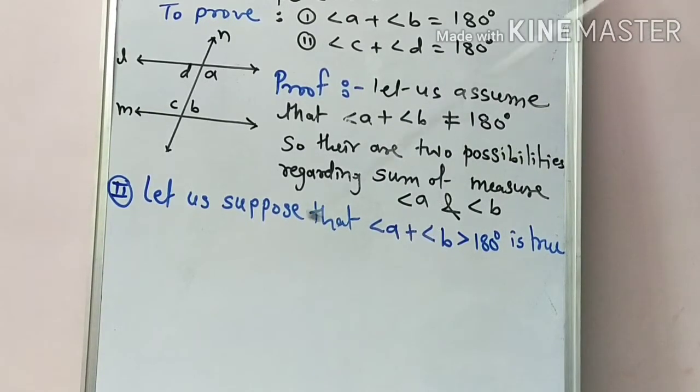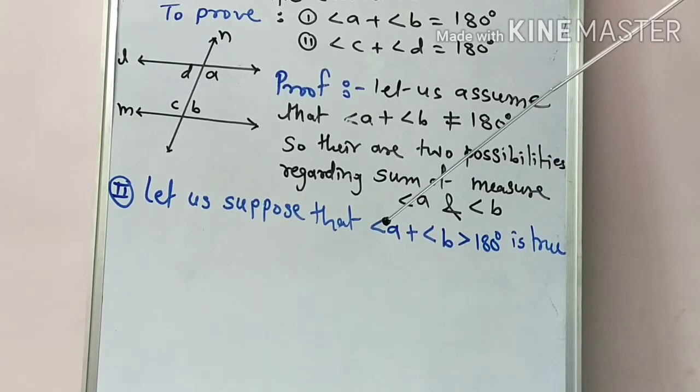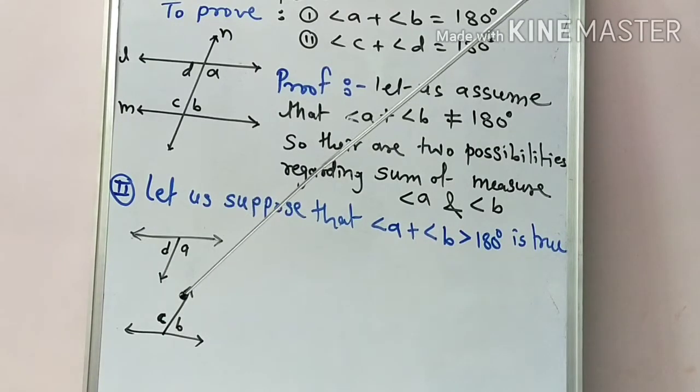So how we prove that angle C plus angle D less than 180, that we see here. So here we use that linear pair angles property, that the linear pair angles are what, supplementary angles, and for angle A the linear pair angle is what, angle D. Okay, and for B the linear pair angle is angle C, like this.